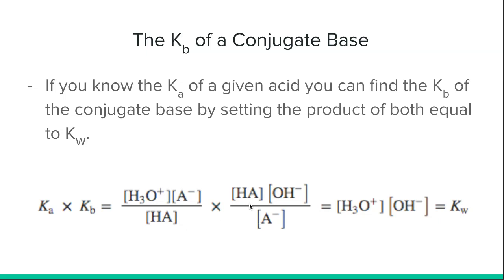Since we're talking about the same acid-base pair, HA is labeled as the conjugate acid for the base here. So HA drops out with HA, and the A- drops out with the A-, and we see that H3O+ times the concentration of hydroxide is equal to Kw. And that, again, is Ka times Kb. So if you know one of these, Ka or Kb, you can find the other for the conjugate, if this is an acid-base pair.